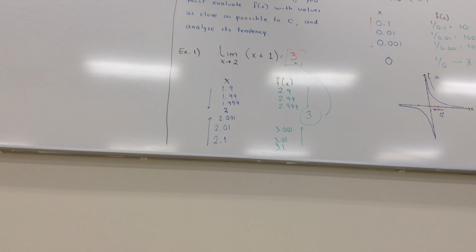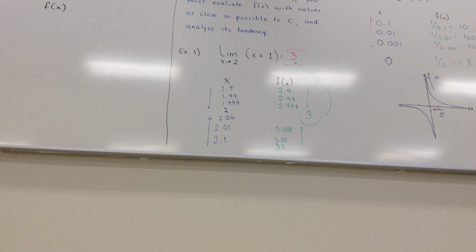Easy. Values for x, which ones? No, 1. No, 2.9. But 2.9, 2.99, 2.9999. Okay, and the 3. See what happens. Then we're going to evaluate.